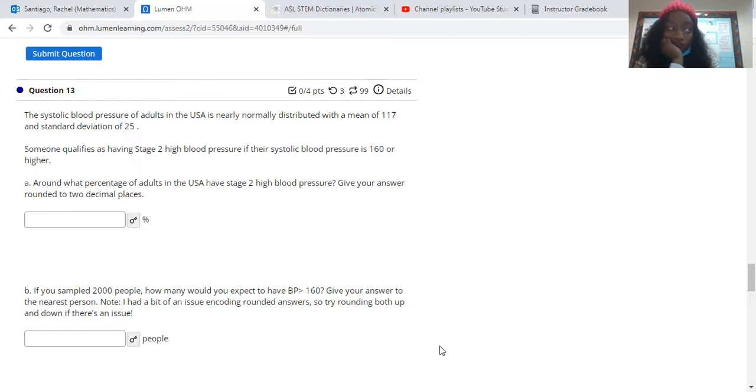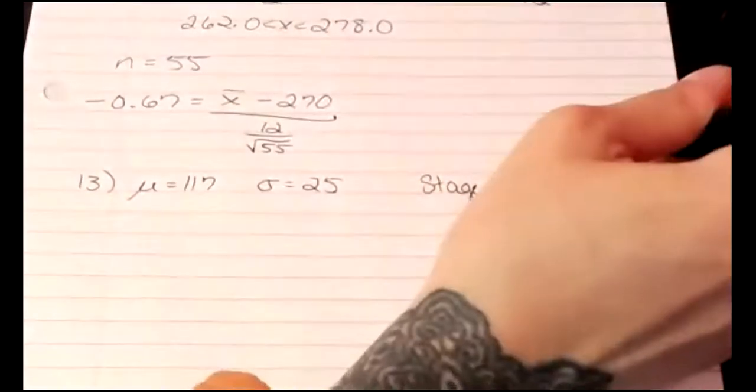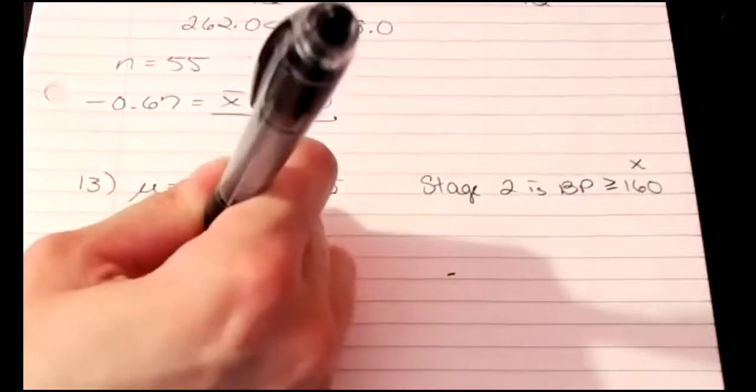Give your answer rounded to 2 decimal places. So what we're going to do in this case is look at the information that we have here: mean, standard deviation, and we know that stage 2 is a blood pressure of 160 or higher. This is going to represent your X. So we're going to use our Z-score formula to figure out where we are on our normal curve. Z is equal to X minus the mean, divided by the standard deviation.